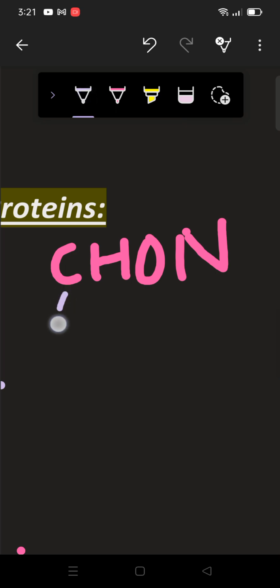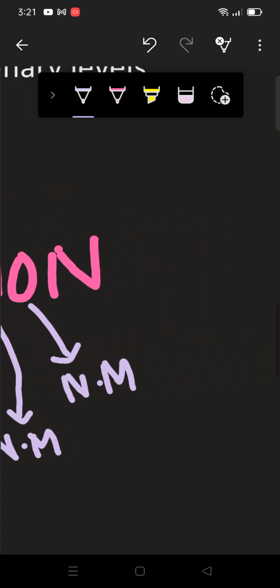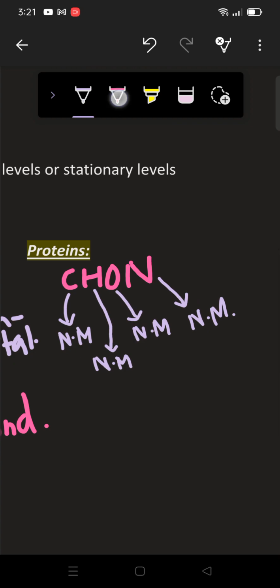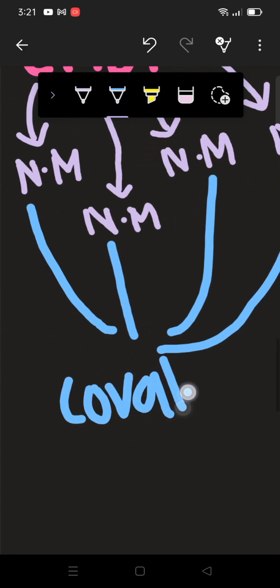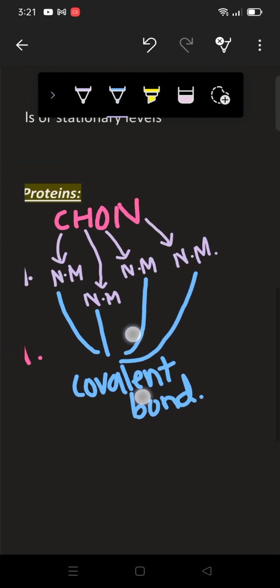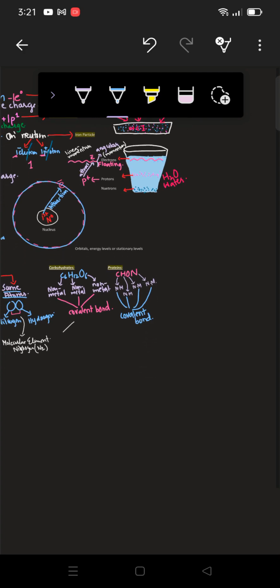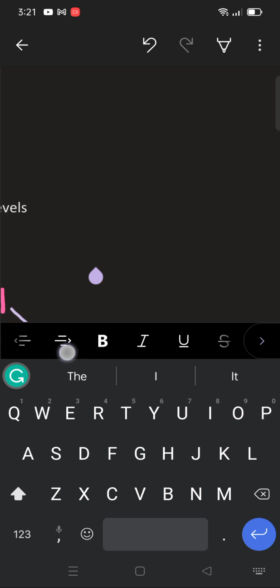Alright, so this carbon is non-metal, hydrogen is non-metal, oxygen is non-metal, and nitrogen is non-metal too. So these all are non-metal, and whenever these non-metals combine together, we know that there would be a covalent bond.